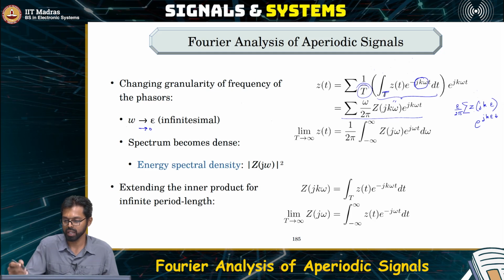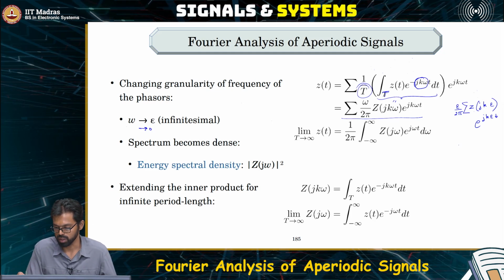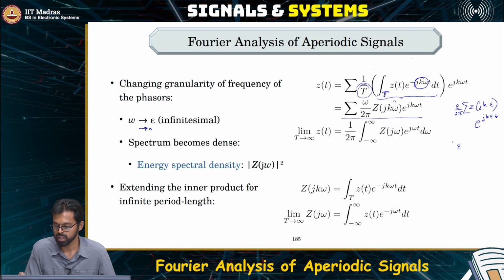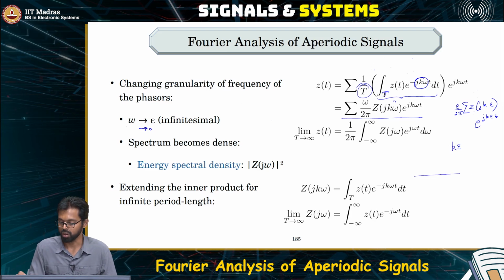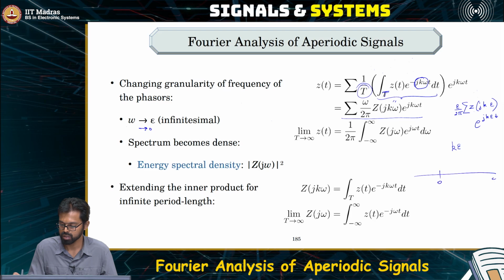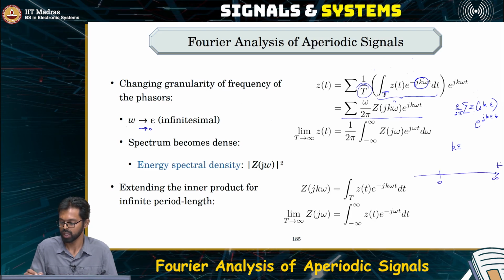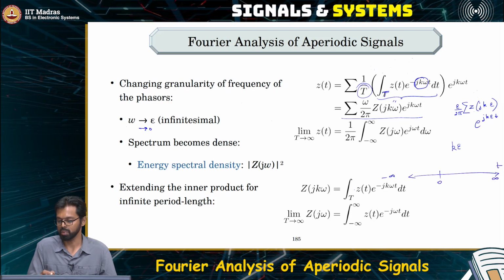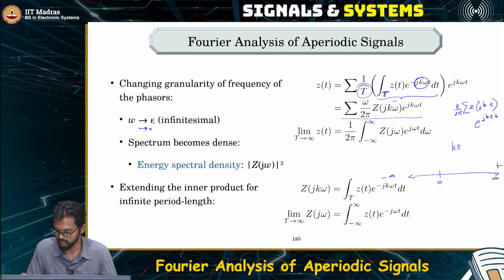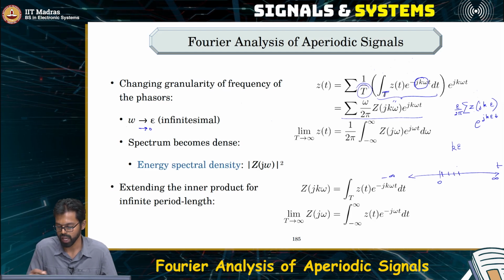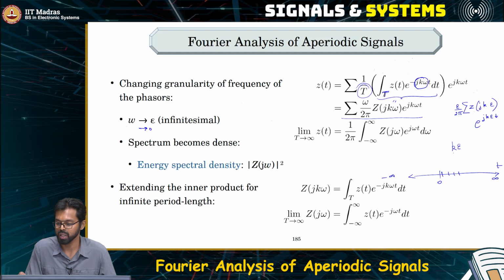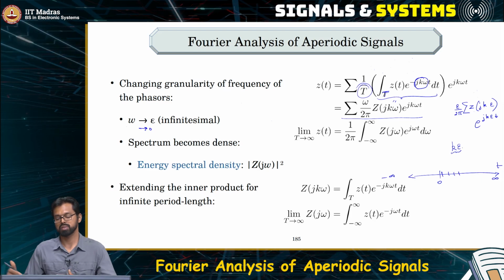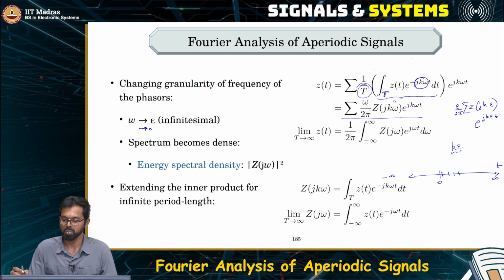Now this summation k runs from minus infinity to plus infinity. If epsilon is very, very small, then k times epsilon can possibly cover every region on this line from minus infinity to plus infinity. So any point that you can think of can be written as k epsilon, as long as epsilon is very, very small.